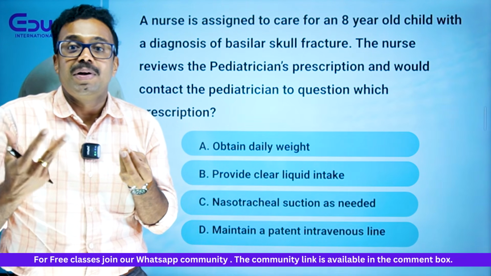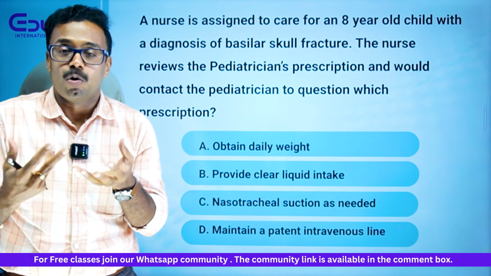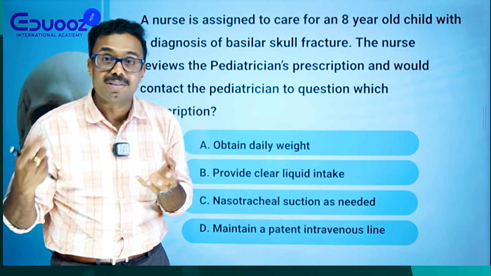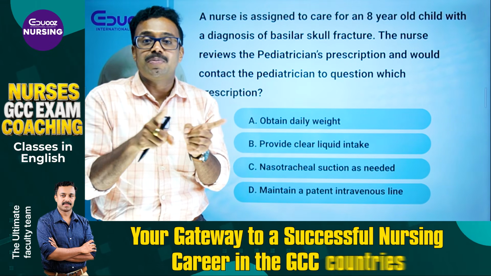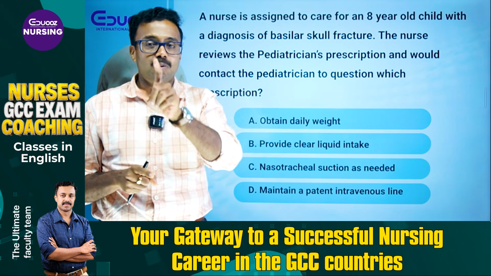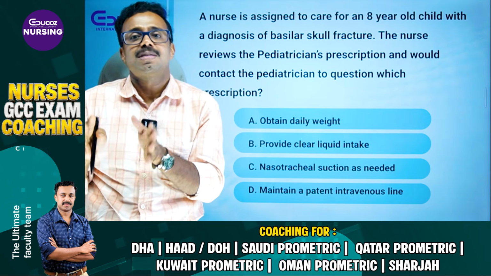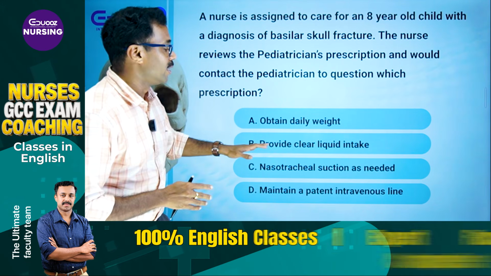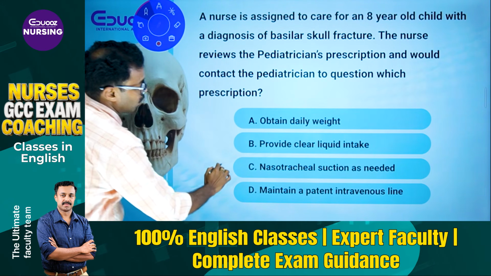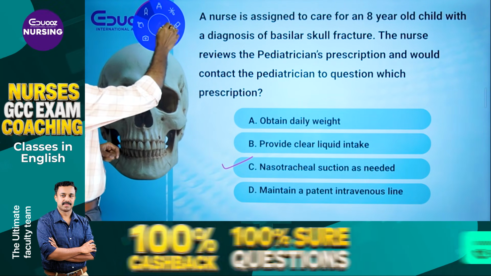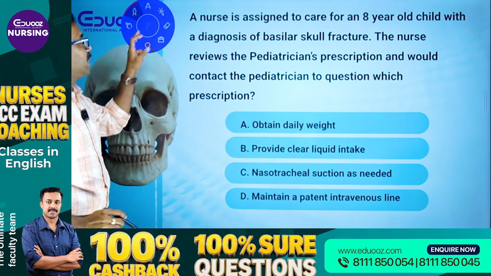We may do some suctioning, thinking it will help the patient by suctioning out the secretions. What will it lead to? It will lead to massive hemorrhage. If a patient is suspected of having basilar skull fracture, you are not supposed to do option C, that is nasotracheal suction. So you have to question this order, and this would be the answer over here.